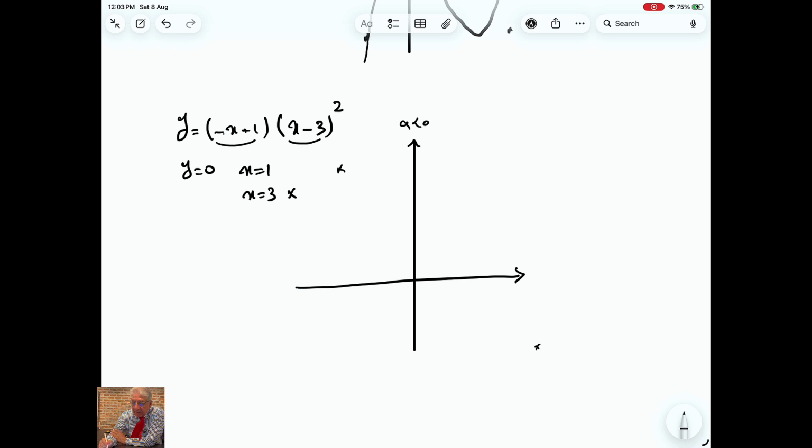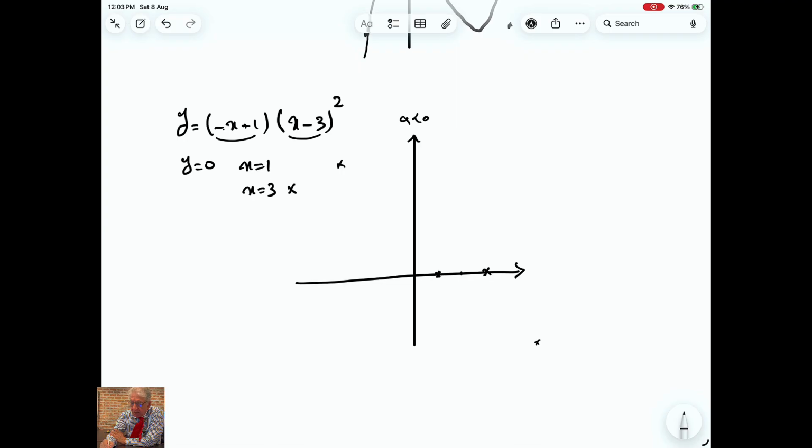We know that x equal to 1 is one of the roots, and x equal to 3 is the second one. This is x equal to 3. Now, we know that the function starts from here, goes down here, goes up here, goes down here, and up here.